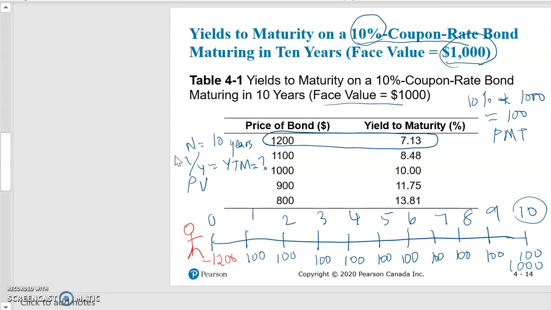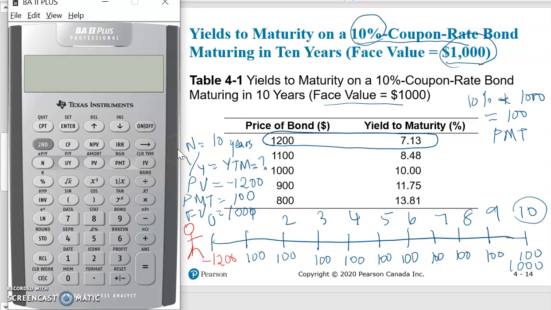The PV is the present value or the price of the bond. In this case, it is a negative 1,200. PMT is the annual coupon payment which I receive, so money coming in, positive 100. And FV is the face value or the par value of the bond which I receive at maturity, which is $8,000. Again, positive sign.